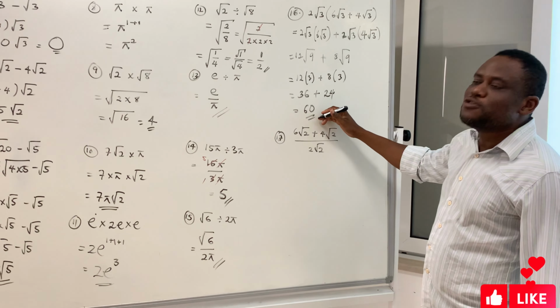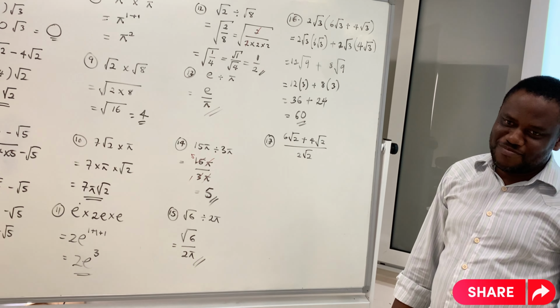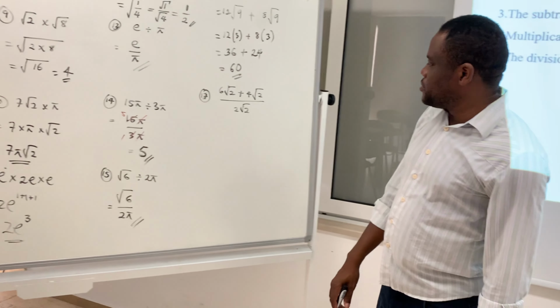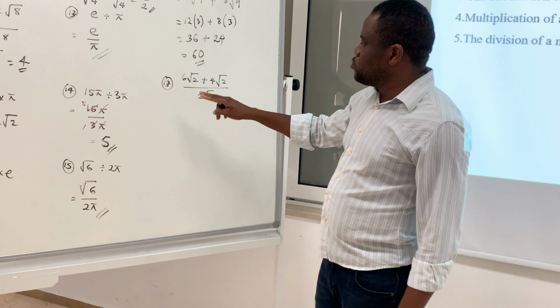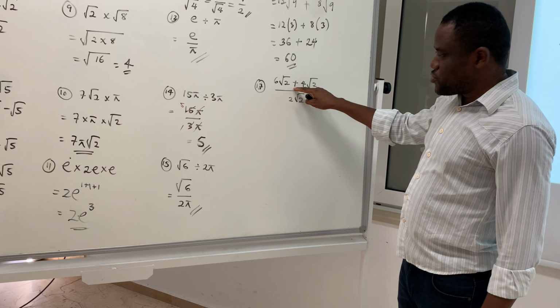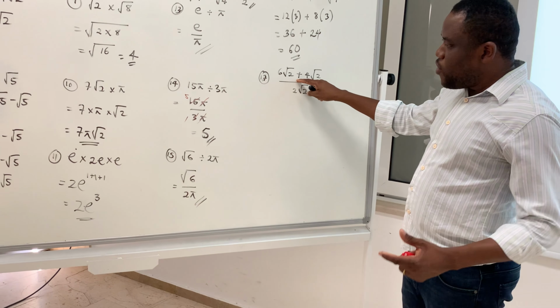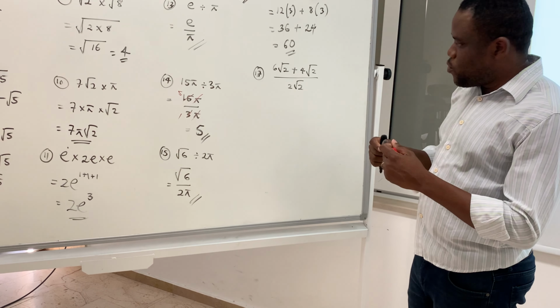Radical to natural. The last but not the least. 6 root 2 plus 4 root 2, all over 2 root 2. This is plus. We are lucky here because this is root 2 and this is root 2, so we can pick one.